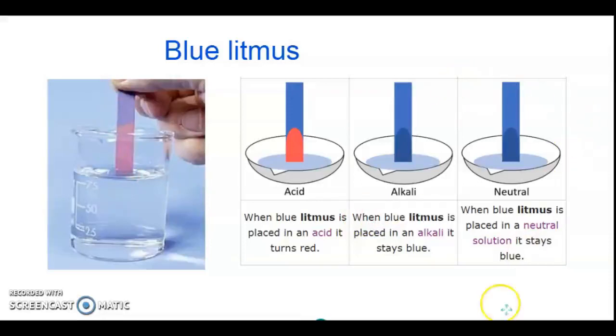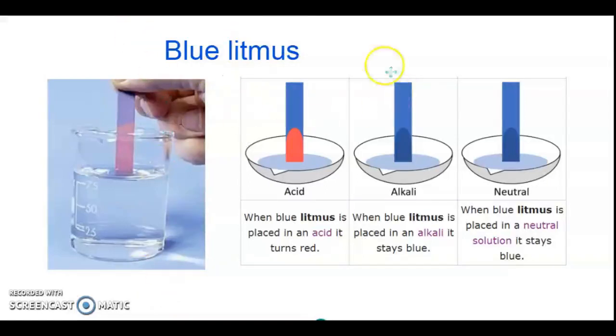Now, how will we detect a neutral solution? When you dip both the blue and red litmus paper and there is no change at all, that means the given solution is neutral in nature. So when there is no change in both the litmus papers from a given solution, that means that solution is neutral in nature.